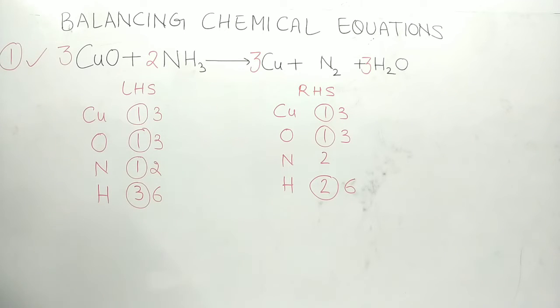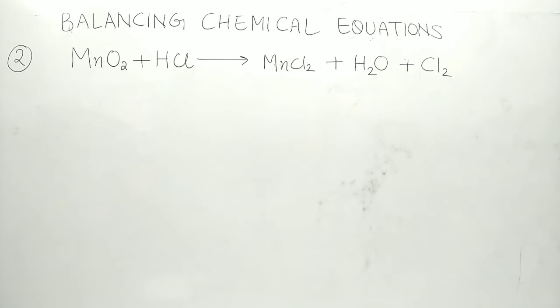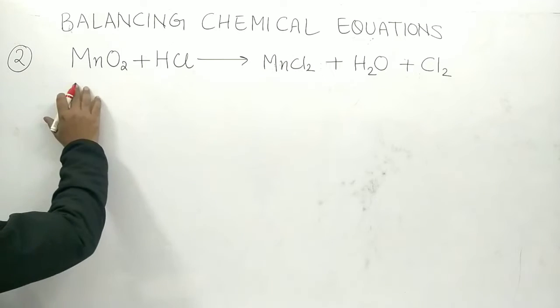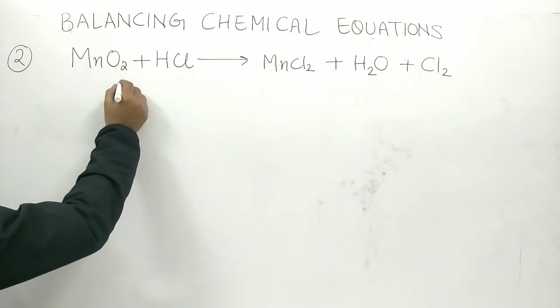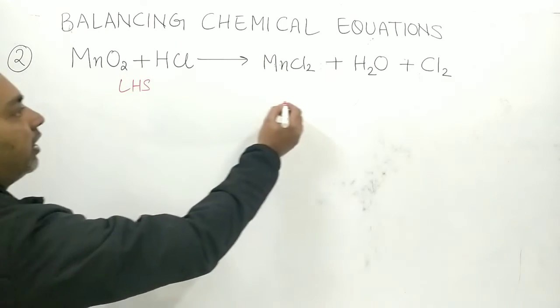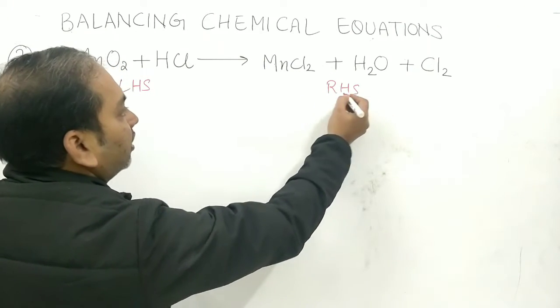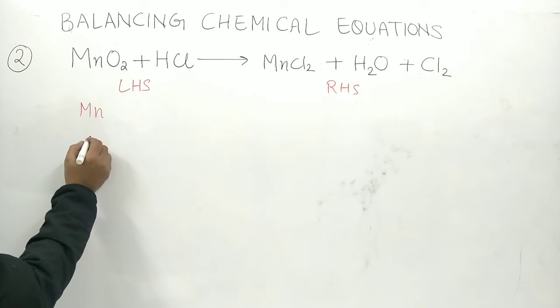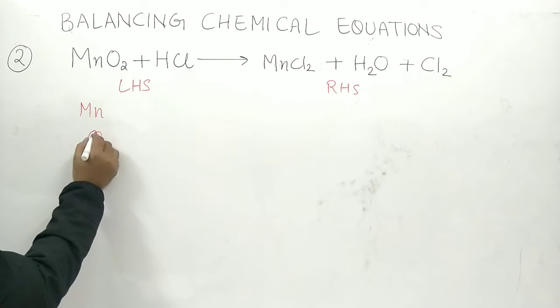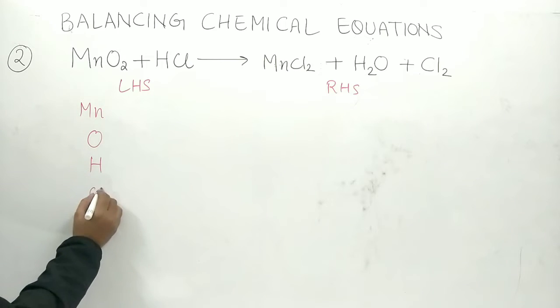So let's do some more examples. Now let's do the second example. Now we need to balance this equation. This is your second equation. Now how will we balance this? Again we start here with LHS and here is RHS. The elements used in this are manganese, then oxygen, hydrogen and chlorine.